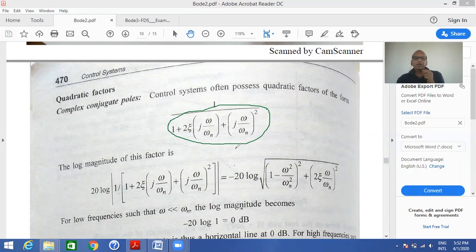Our aim is to calculate the log magnitude of this complex conjugate pole pair, or this quadratic factor.